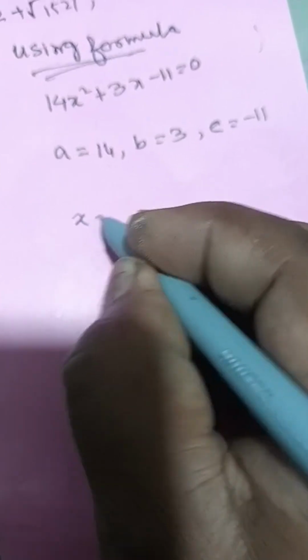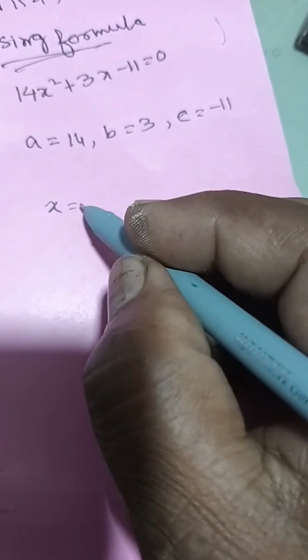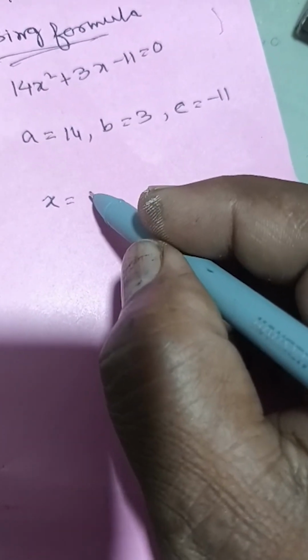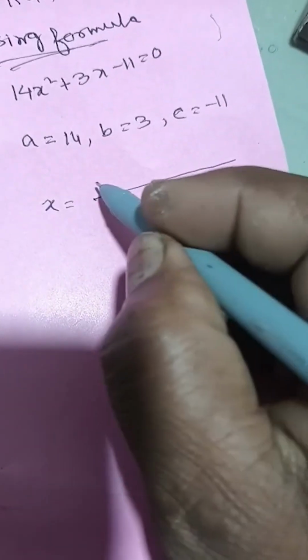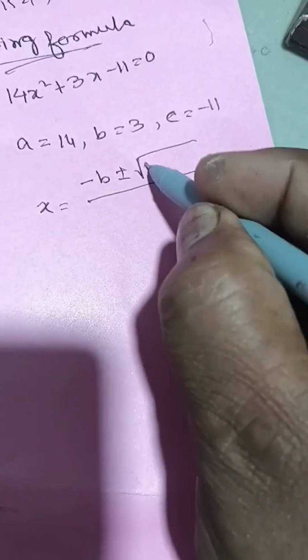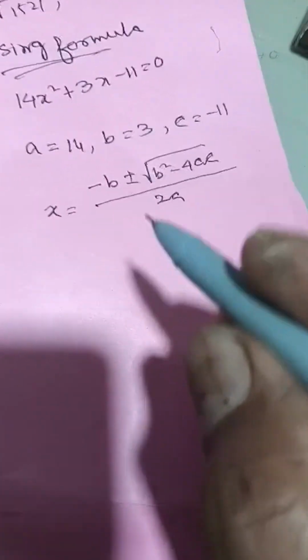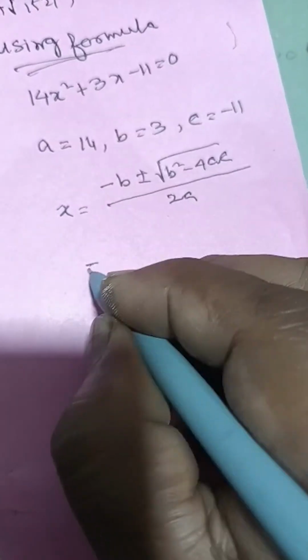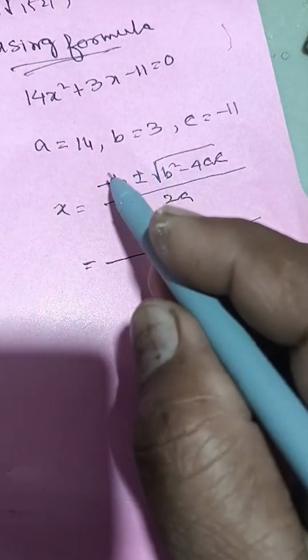Your formula, I have shown this formula in the previous video, was x equal to minus b plus minus root over b square minus 4ac divided by 2a. You have to learn this formula. It is not at all a hard one. So you have to put the values of a, b, c here.